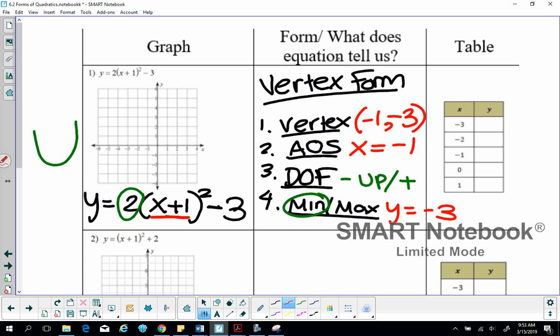Now, real quick, I want to show you how, I'm not going to do a whole lesson on this, but put the equation into table on your calculator. So click table and put this right in just as you see it: 2 parentheses, x plus 3.